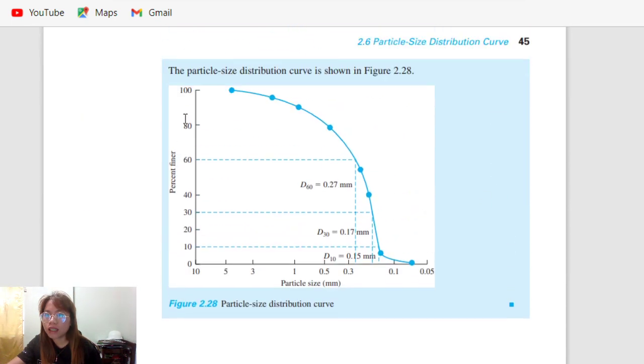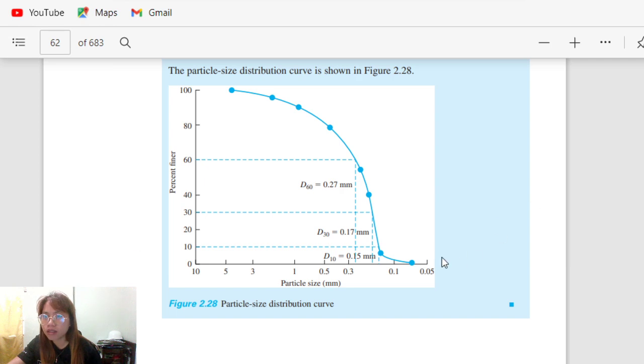So, the percent finer, this is 0 to 100%, and the x-axis is the particle size in logarithmic scale. Actually, this curve can go from higher to lower, but in our discussion in the handout it goes from lower to higher. But yes, you can do also this one.